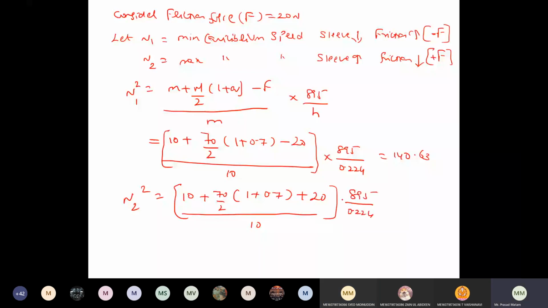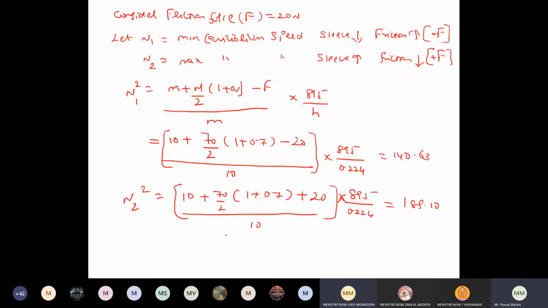How much are you getting? Solve this. N2 value 189. Okay, let it be 189. Now what is N? Difference of N2 minus N1.